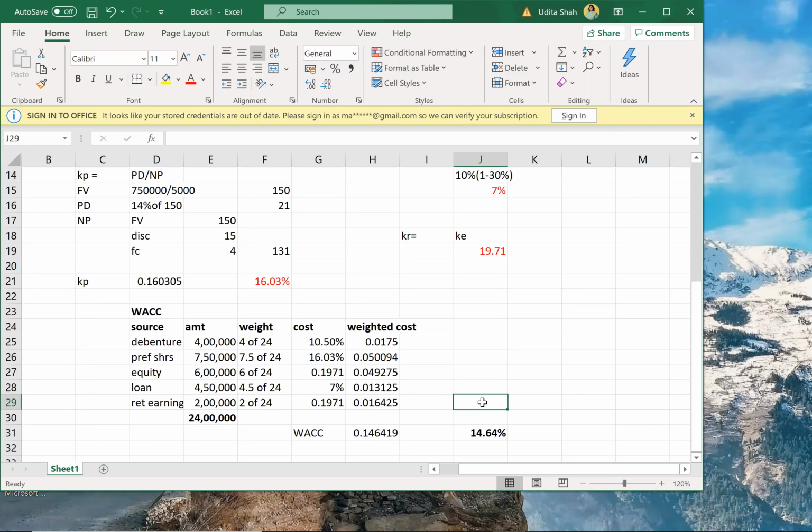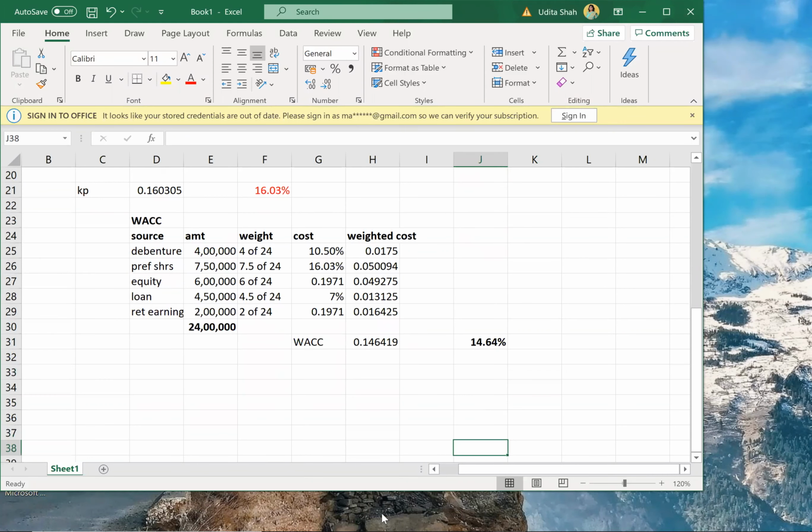So today we'll do the AFM concepts now. We have to do our AFM concept where beta is not given. So in this case, beta was given. Okay, but if beta is not given, let us see how to do it.